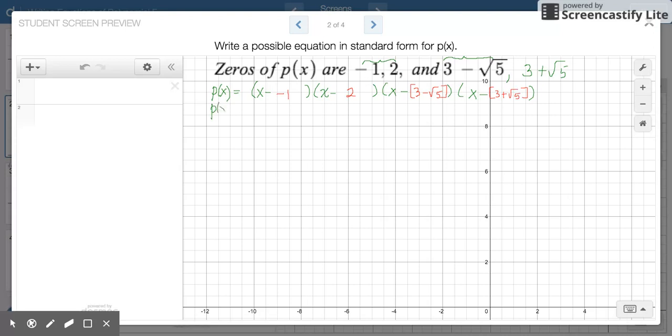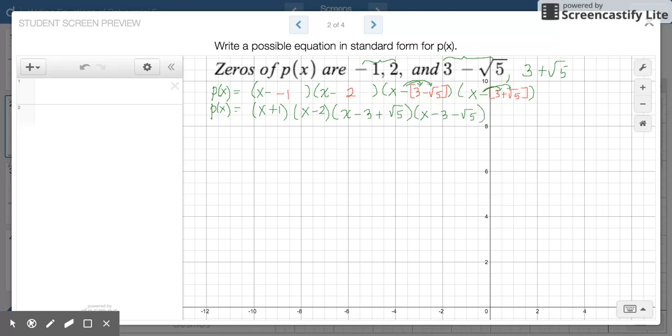We'll have p of x is equal to x plus 1 times x minus 2 times, but this one we distribute the negative, so we'll have x minus 3, negative times negative is positive square root of 5, times x, again distribute the negative, so this will be minus 3, and this will be negative square root of 5.